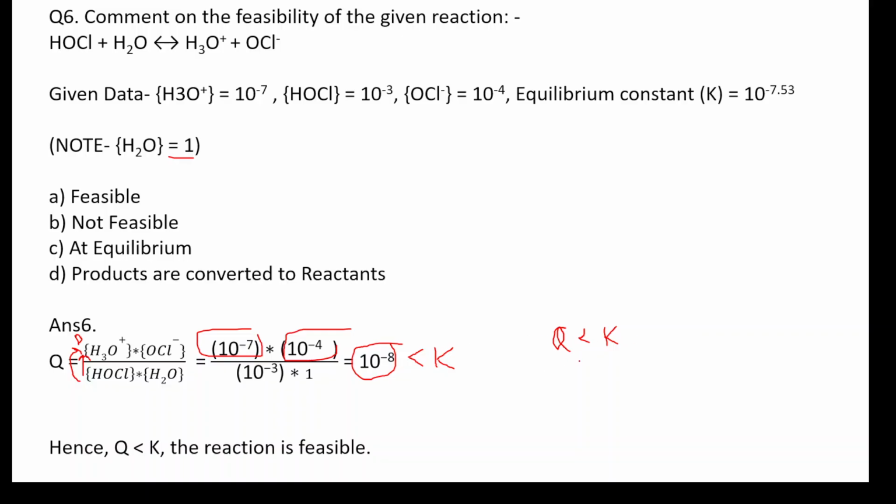To match this value, to make it equal, more reactants need to be converted to product. When more reactant can be converted to product, that means the reaction is feasible. In the opposite case, the reaction will go in reverse direction, meaning product will be converted to reactant. So just remember, when Q is less than K, the reaction is feasible. Please note this down. We'll move forward. So option A is correct.